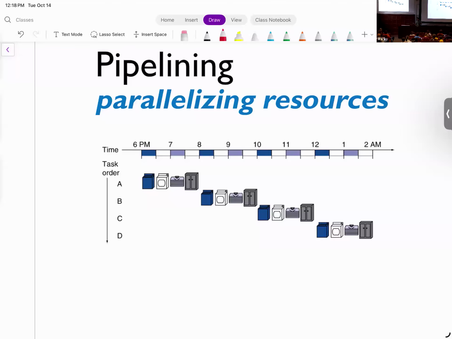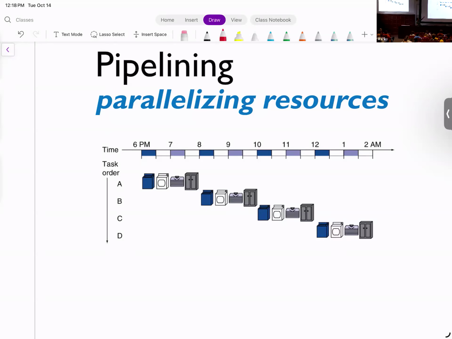And then in a regular load, as one person in the home, for example, you do it one at a time, right? So you first wash it, then you put it in the dryer, then you fold them, and then you organize them.